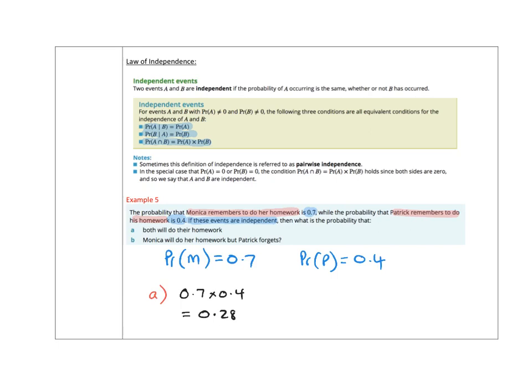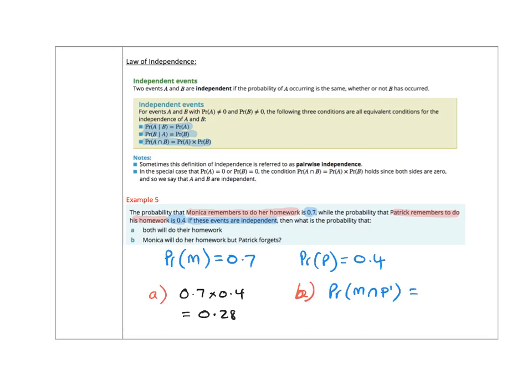Now, what is the probability that Monica will do her homework, but Patrick forgets? Now remember, the word but is a logical connective that works exactly the same way as the word and when we're talking in mathematics. So the probability that Monica will do her homework and Patrick will forget is like saying the probability that Monica and Patrick complement.